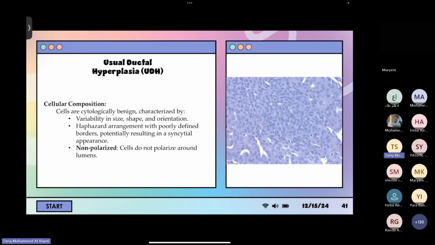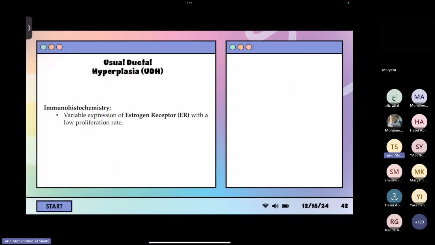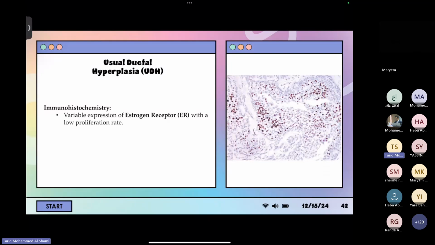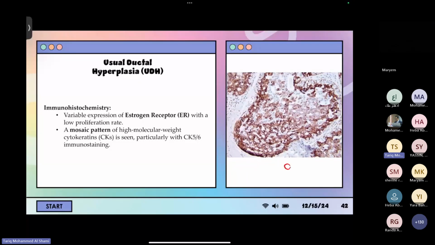We can see very bland cells that proliferate in a haphazard manner, and they are not polarizing around the fenestrae or the slit-like spaces. By immunohistochemistry, usual ductal hyperplasia shows variable expression of ER and a mosaic pattern of cytokeratin 5/6.